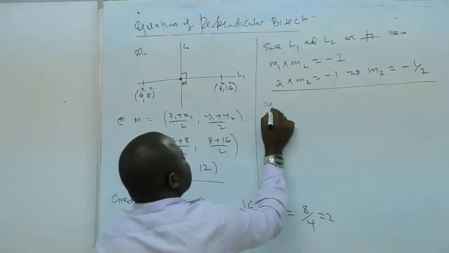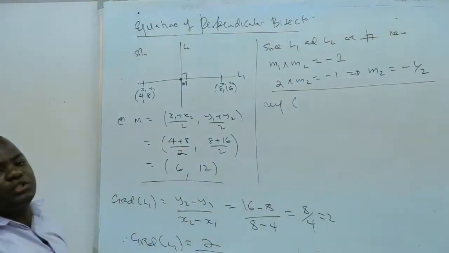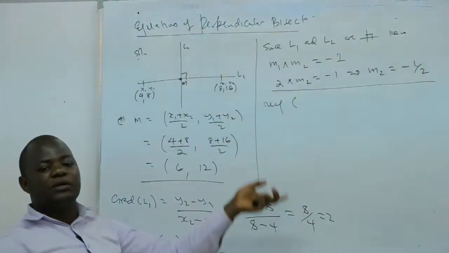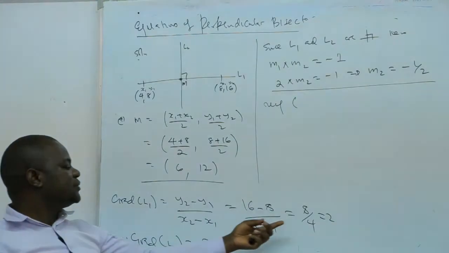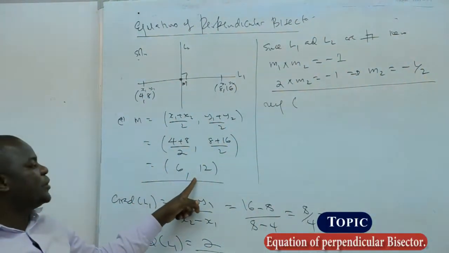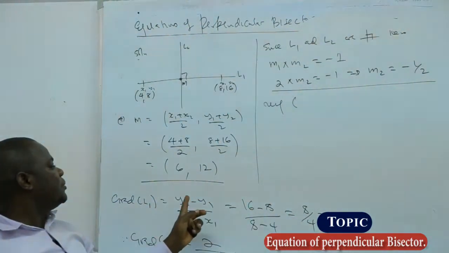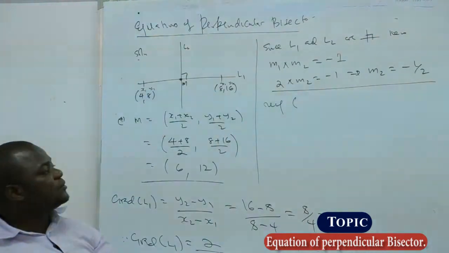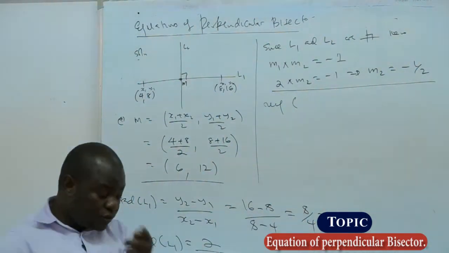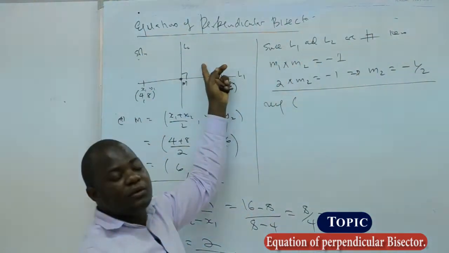Now using this point, which is what we have got. Now take note of this question. Should you fail this, you will have lost marks for almost the whole number, because you will just get 1 mark here. Also, you are going to use this gradient you have just got here to get the gradient of the second line, which you also fail.